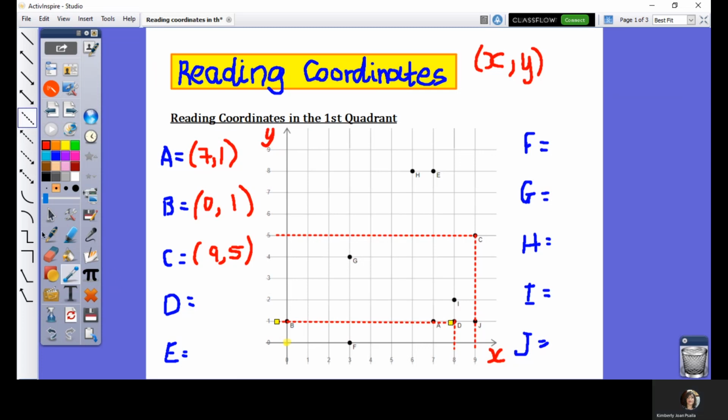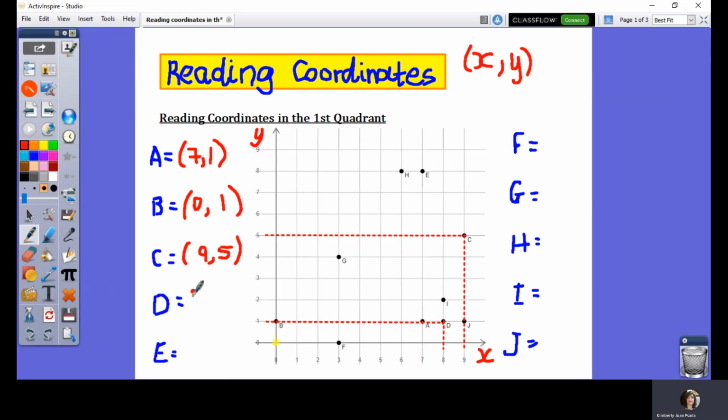Now, what is the coordinate of point D? D is touching 8 on the y-axis and 1 on the, sorry, I made a mistake. It is touching 8 on the x-axis and it is touching 1 on the y-axis. So that was point D.